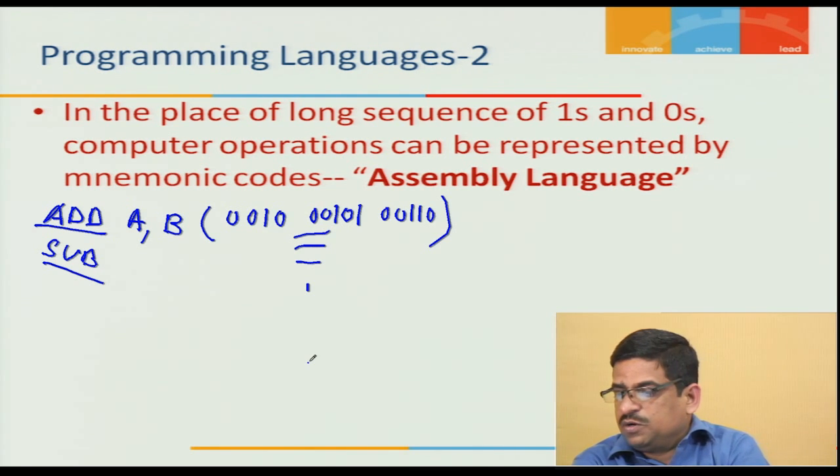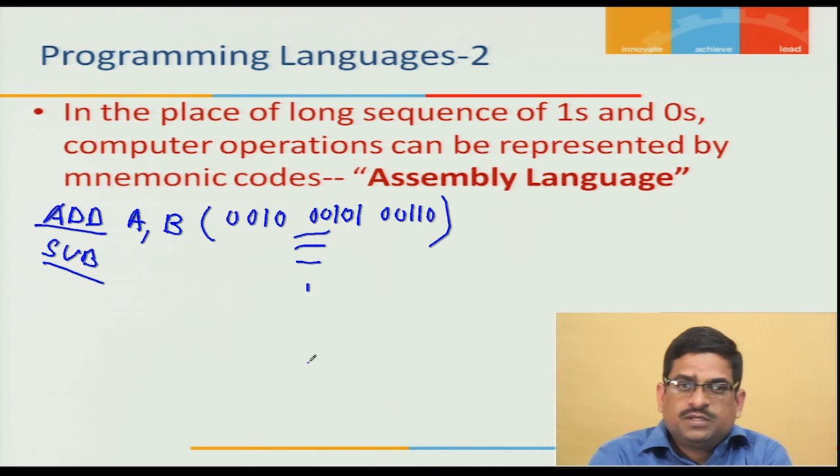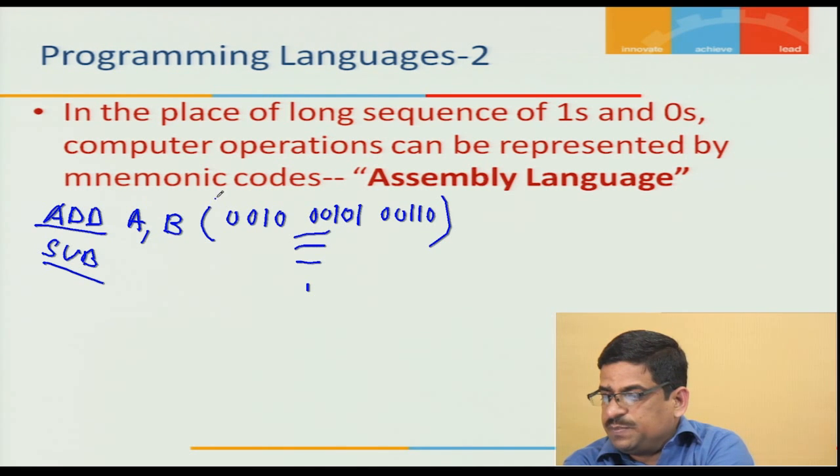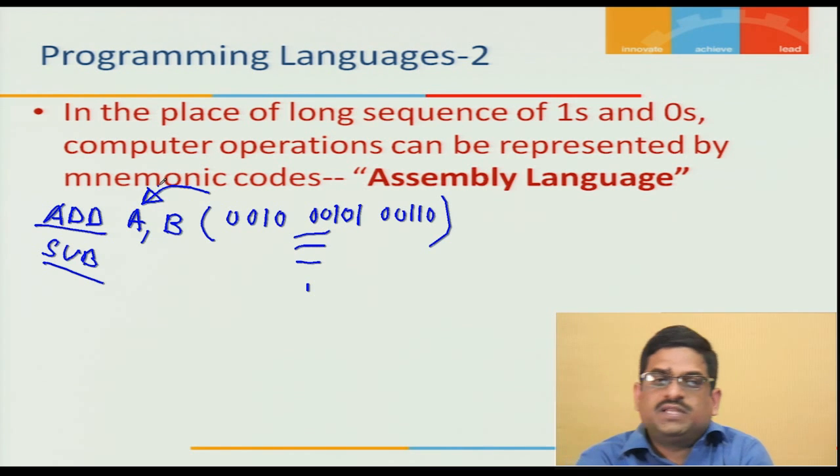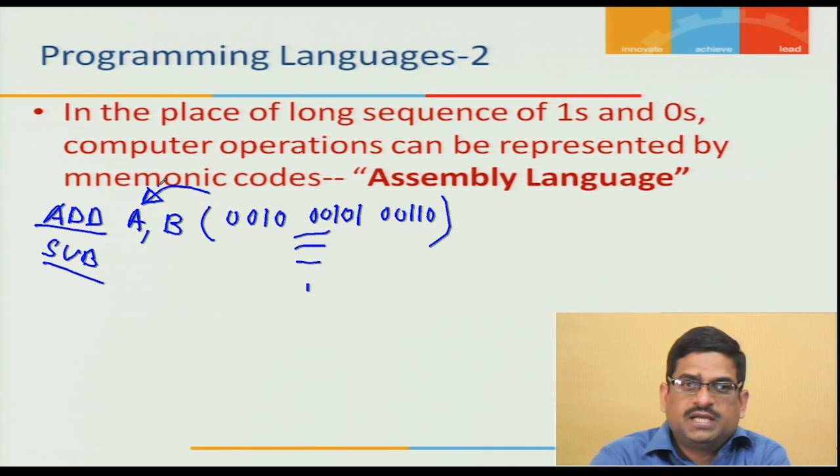Still, what we need: if an instruction is represented with the help of mnemonic codes like add, subtract, and the memory locations are represented with some label names, still this program has to be converted into the corresponding machine language, because the machine or your computer can understand only that language.